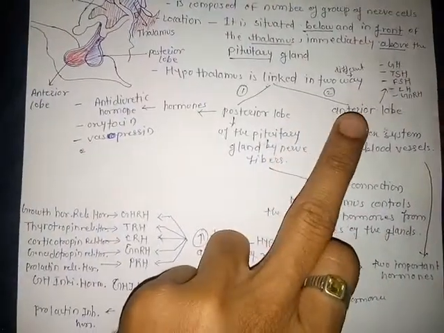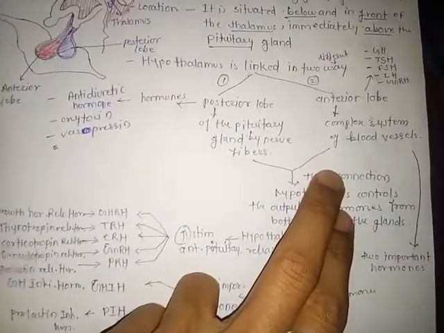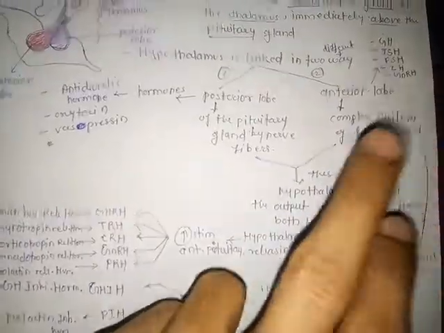Then next, the anterior lobe: it has a complex system of blood vessels.